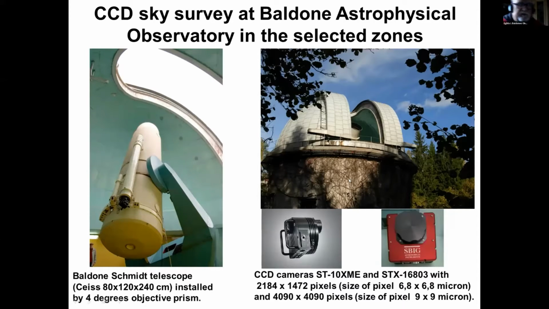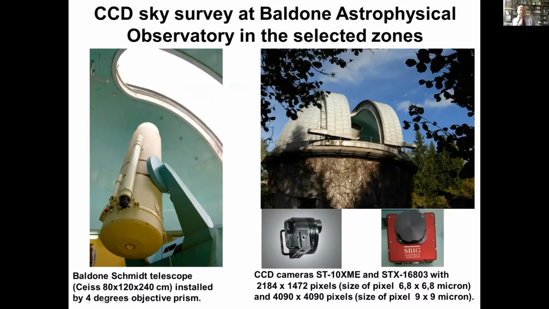I'm head of Baldone Astrophysical Observatory, and the first project is connected with a CCD sky survey of carbon stars. The observation material of all projects of the Baldone Astrophysical Observatory is obtained by the Baldone Schmidt type telescope, built in 1964 at the Zeiss factory.